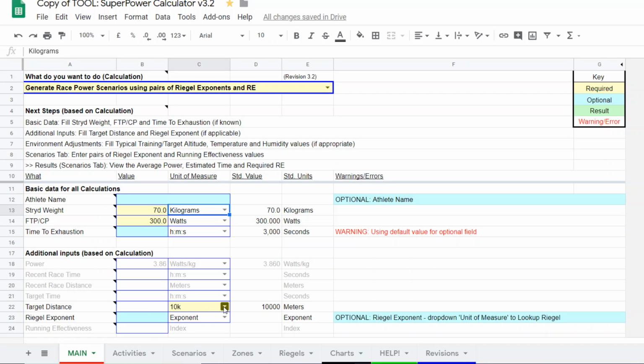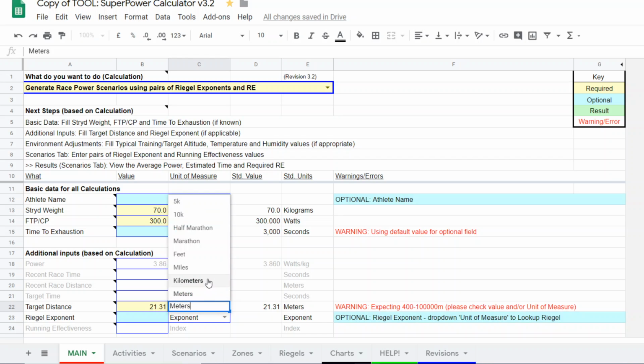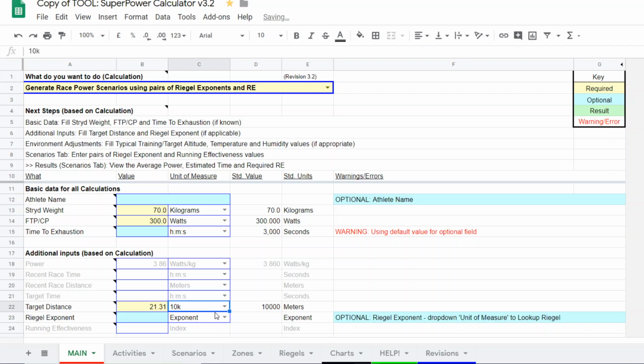So normally you're going to enter the target distance, and there's various ways of doing that. I usually will enter in meters, but you can also select a specific race distance, which automatically enters those meters, in this case 10,000 meters. The reason I use meters is that's where I correct for stride distance variation.